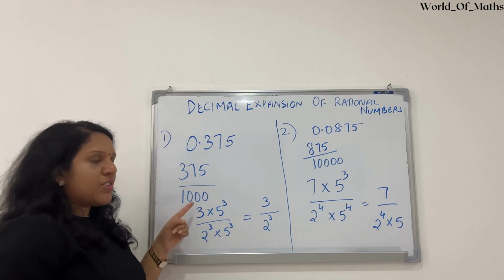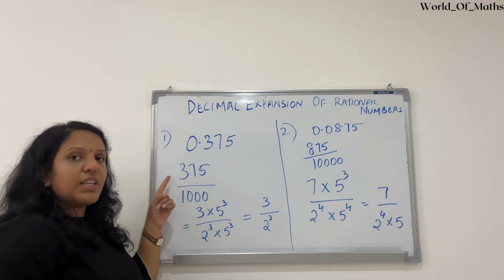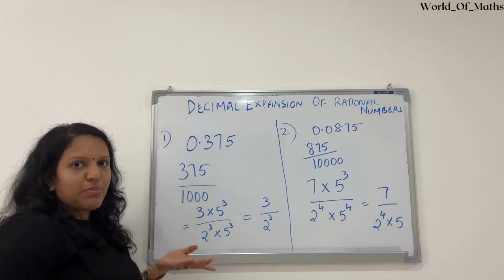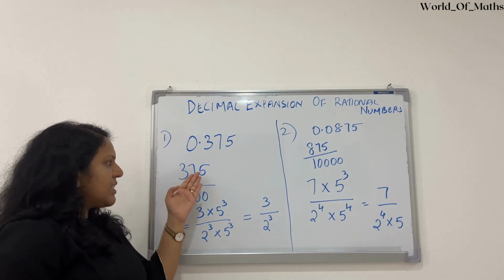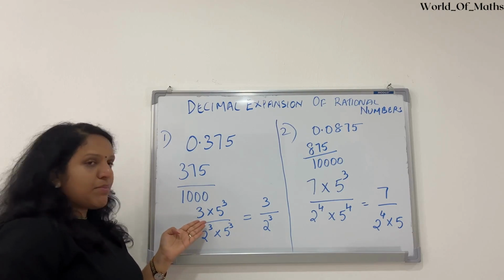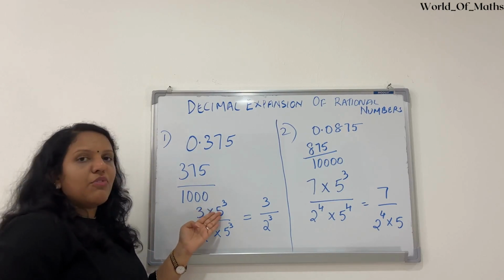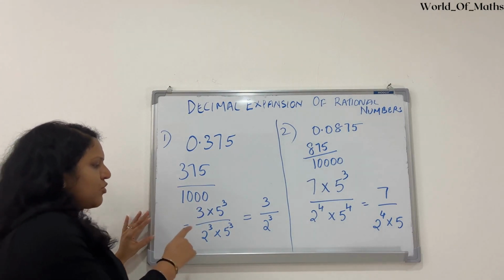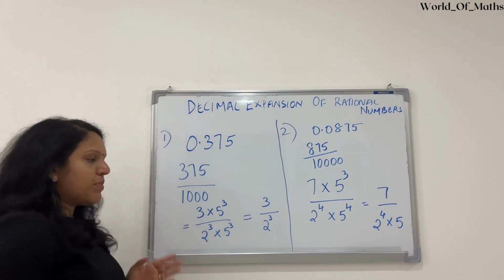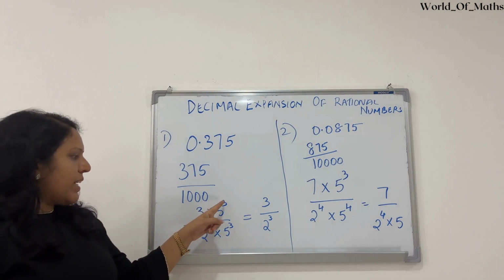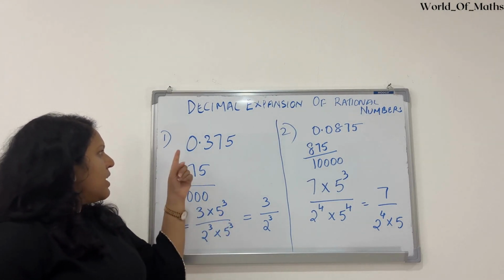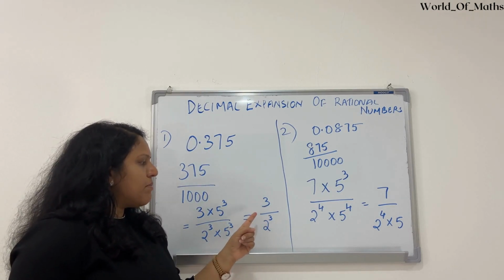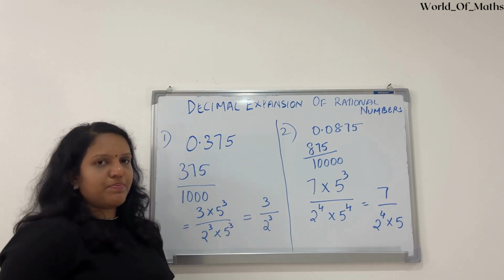If we prime factorize both, 375 is 3 multiplied by 5 to the power of 3, and 1000 is 2 to the power of 3 multiplied by 5 to the power of 3. By cancelling the common factors, we can express this number as 3 by 2 to the power of 3.